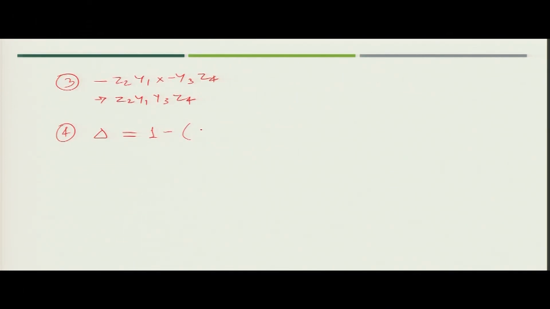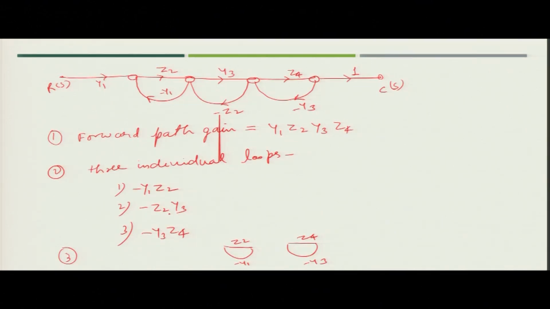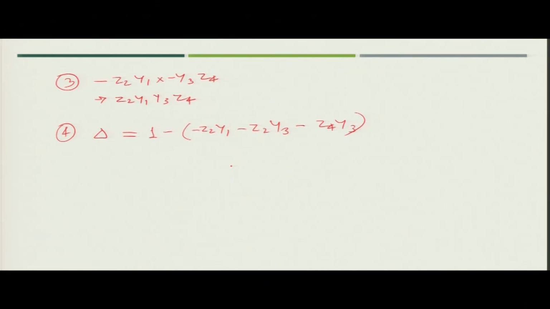We can write minus Z2 Y1, minus Z2 Y3, minus Z4 Y3, which you will get from these individual loops, and then you will have the set of 2 non touching loops. So, this will become Z2 Y1 into Y3 Z4. This is what you will get as part of your delta.